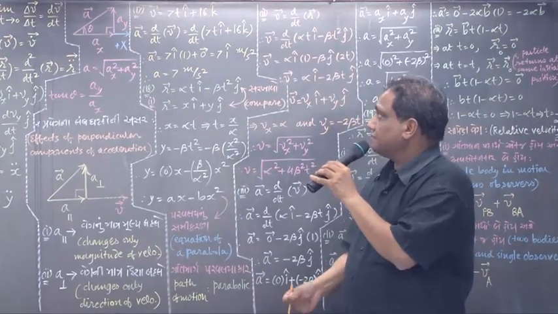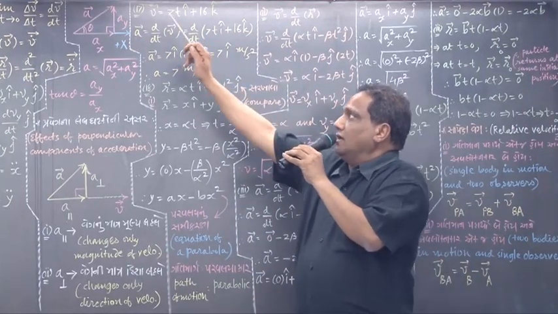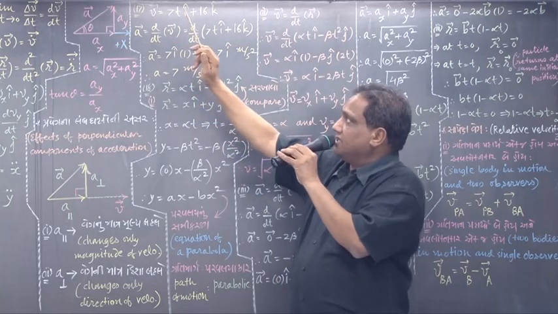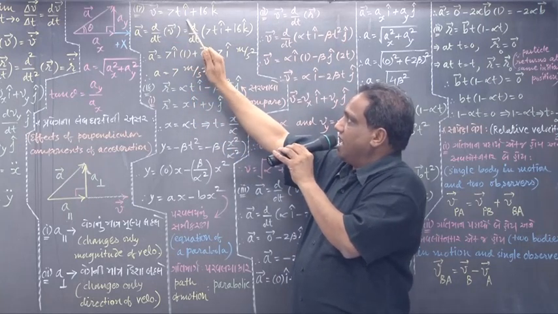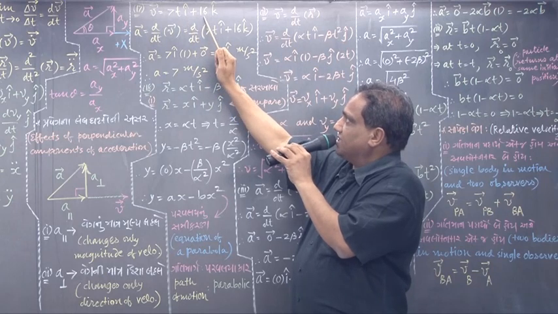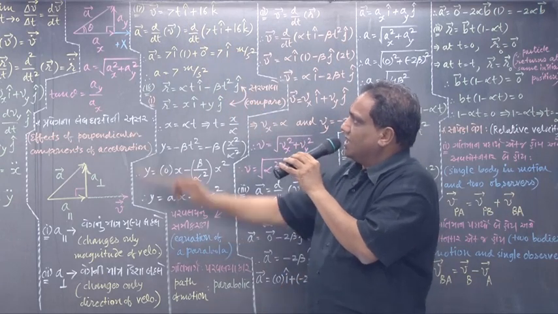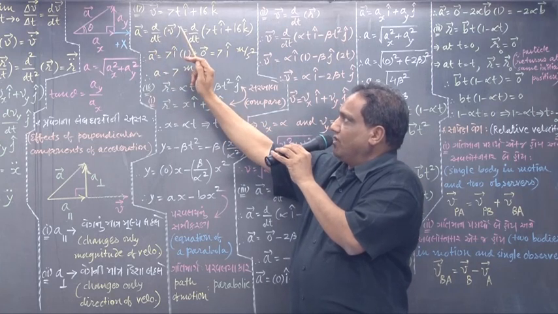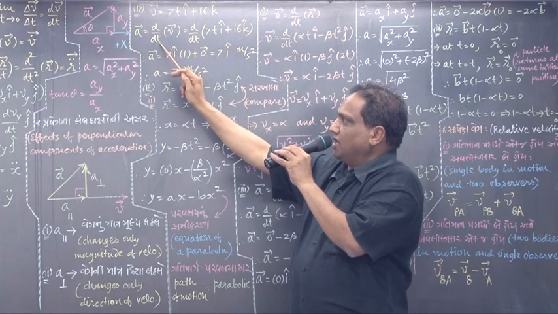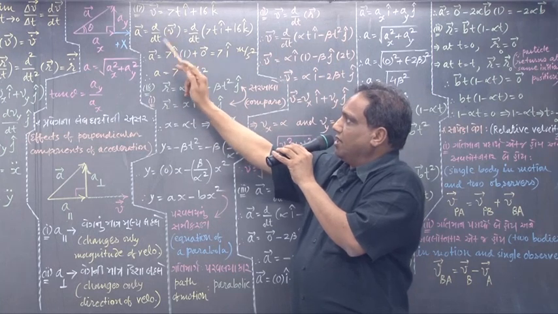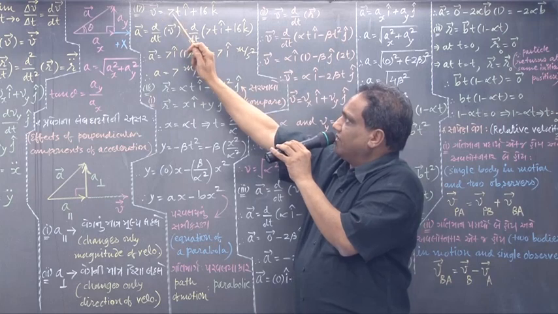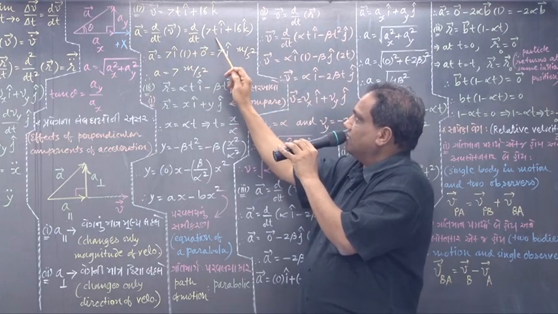Look, very easy sum. Vector V is 7t i hat plus 16k hat. We want acceleration. It is nothing but the derivative of the velocity vector with respect to time, d by dt of vector V. Vector V is this much, the same value written here.